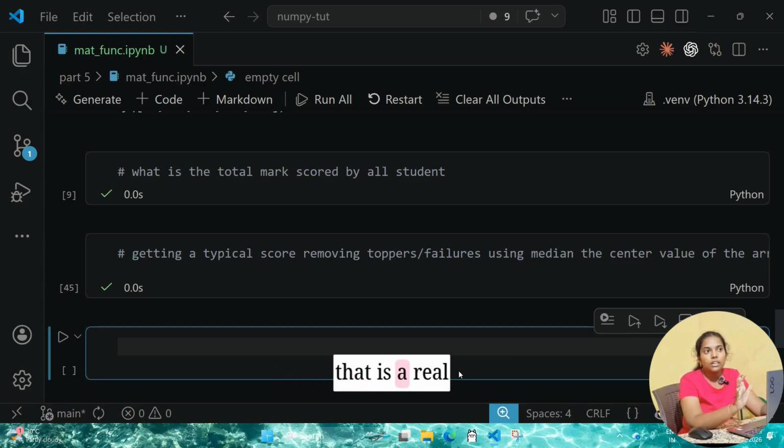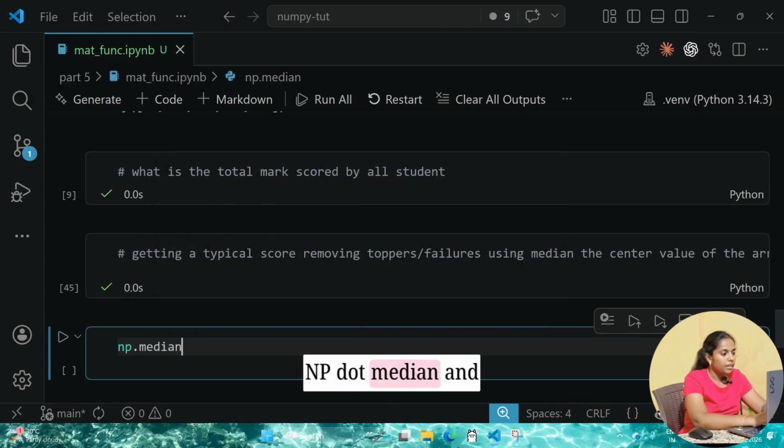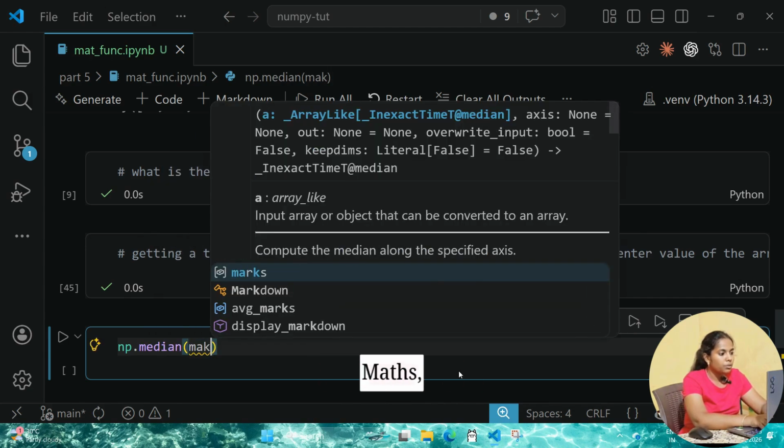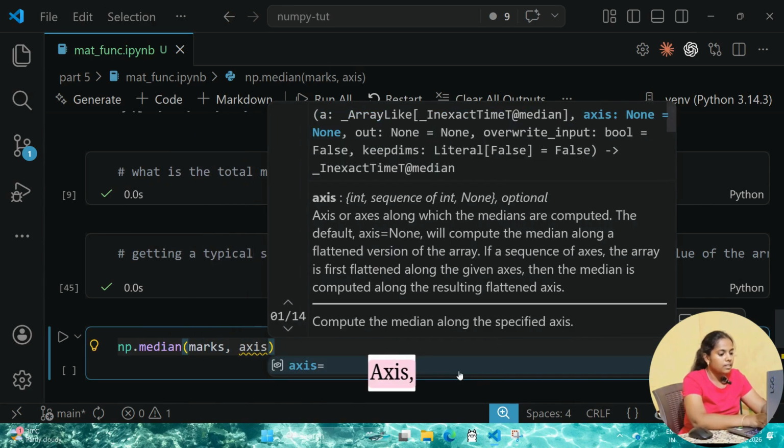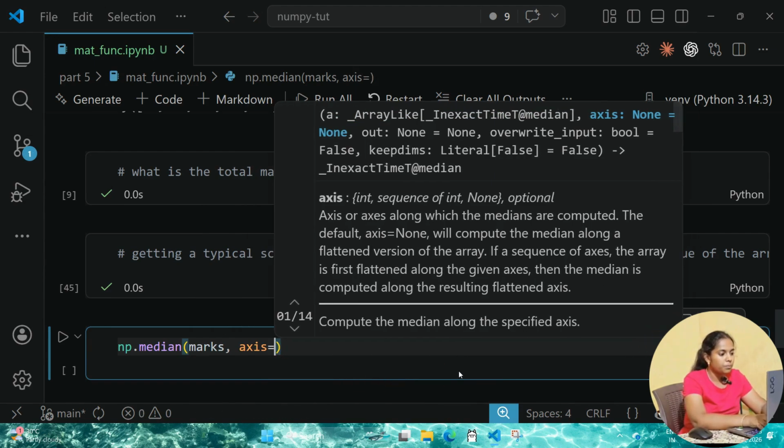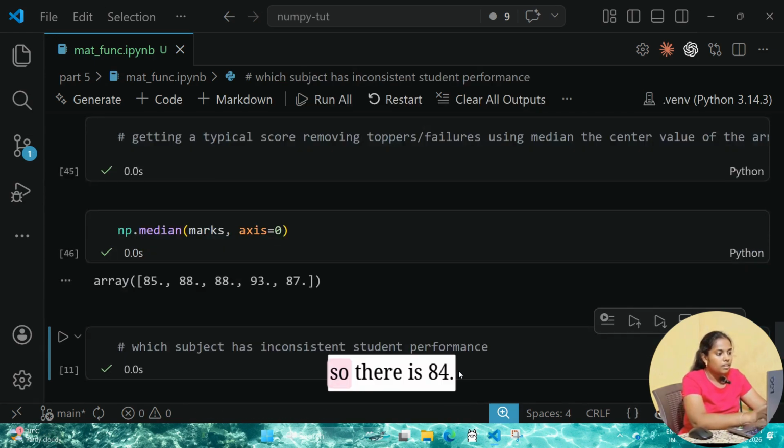Okay, that is a real average value. To do that, we are going to use a median, that is the center of the values. np.median marks, same axis 0. Okay, so these were 84, 88, these are all the center values.